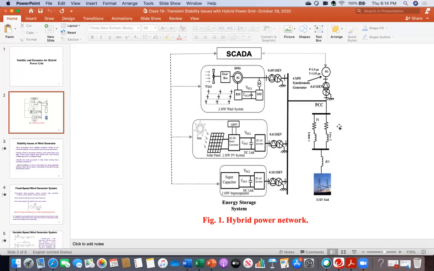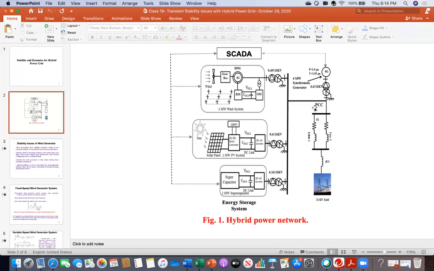Depending on the capacity of these renewable sources, in this example I am showing you only 2 megawatt capacity, but they can be several hundred, like 200 megawatt or 300 megawatt, which we can call a wind park, wind farm or solar park. In that case, they could be connected even at the transmission level.